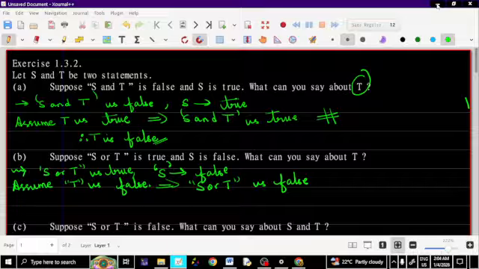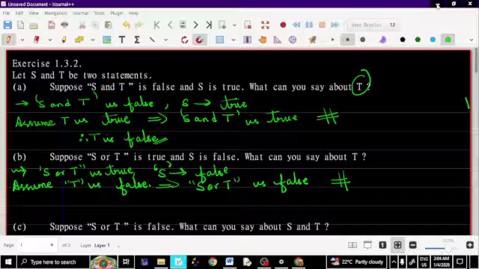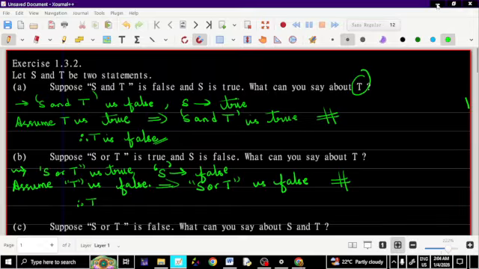But both of them are false, so S or T is false. This is a contradiction because we are given that S or T is true, right? So our assumption that T is false is wrong, and therefore we are forced to conclude that the statement T has to be a true statement under the given hypothesis.